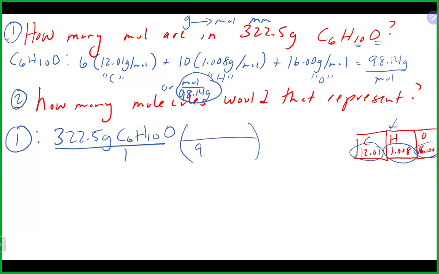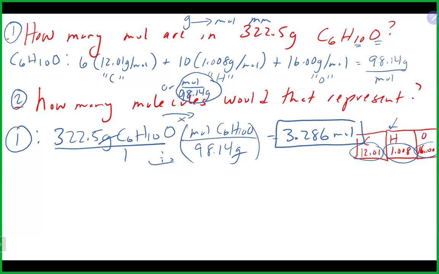We'll go with 98.14 grams on the bottom, a mole of C6H10O. Once again, going to multiply the top, divide the bottom. Grams are going to cancel. So we're basically going to take 322.5 and divide it by 98.14. Going to get us here 3.286 moles of our C6H10O. Any questions on the first part of the calculation?